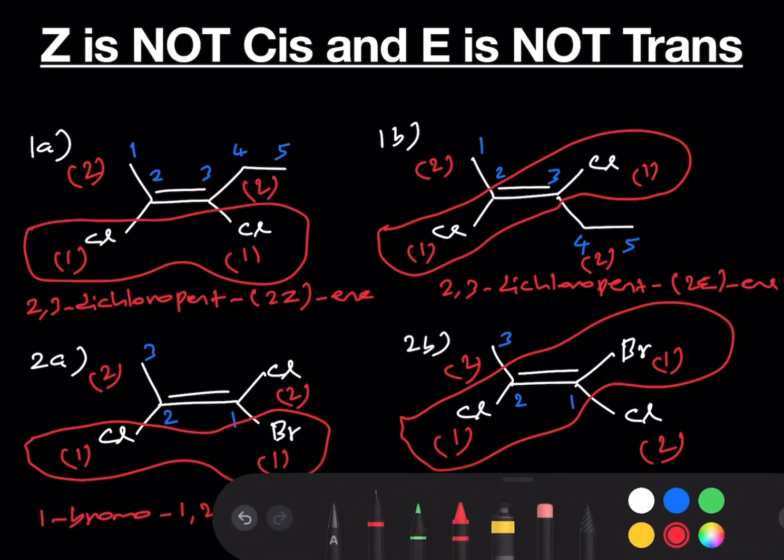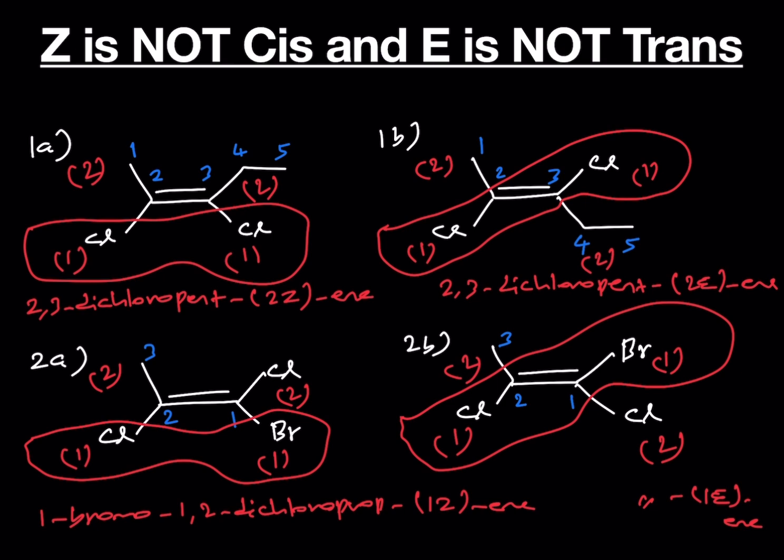Now if we are thinking in terms of cis and trans, here chlorine atoms are on the same side, so cis. Here chlorine atoms in 1B, chlorine atoms are on the opposite side, trans. Here chlorine atoms are on the opposite side, trans. Here chlorine atoms are on the same side, cis.